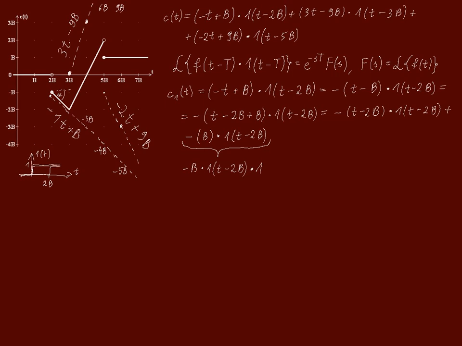Whereas 0 times 0 remains 0, whereas 1 times 1 remains 1, and in the range where we multiply 0 times 1, the result is 0, so the result will not change. And can this be multiplied times a unit step, also delayed by 2b? Yes, because if we look at the graph, the product of two such unit steps will not change anything.